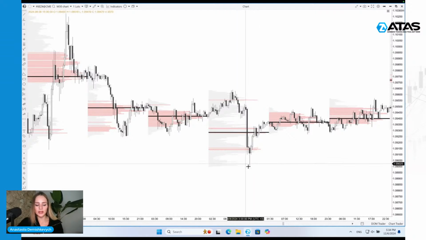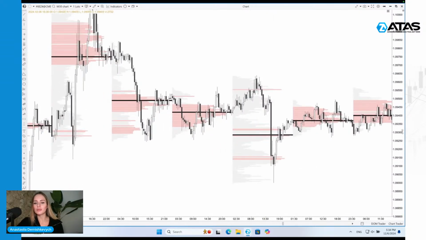Because in this specific scenario, as we can see, the price reached the low and created the wick, it was a shooting star, but it wasn't the buying tail. Why? Because in the volume profile we see that at the moment of reaching the low, the price was actually pushed up by a quite high volume node. We see the volume profile increased at the moment of the price creating the low. So this example is not the buying tail.